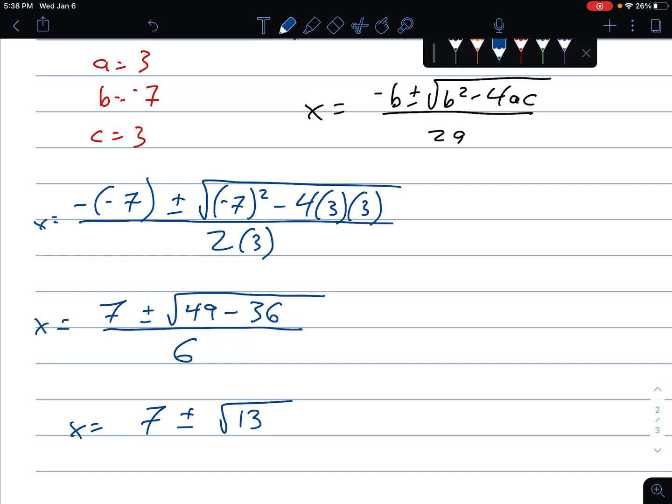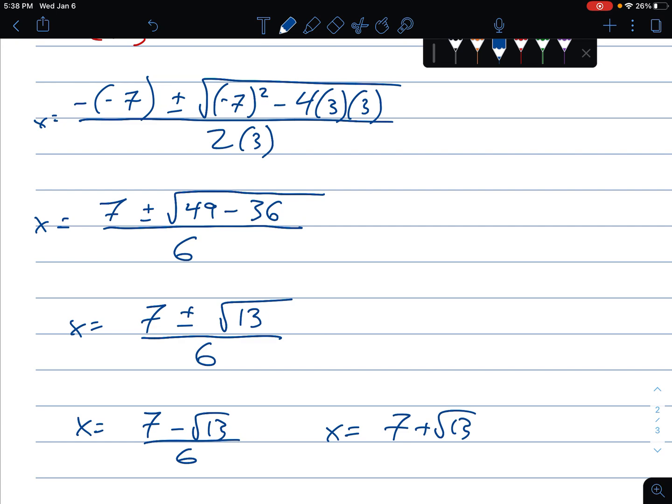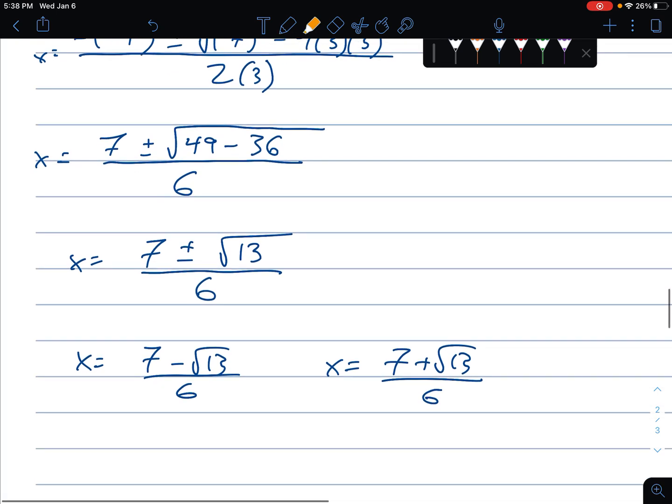Well, that's 13 over 6. Cannot break down 13 at all. Nothing can come out. Even if I could factor or cancel something, no, I need it to be outside the radical 13 as well, and there's nothing. So I have two answers, 7 minus radical 13 over 6, whatever that is, and 7 plus radical 13 over 6. These are my two answers.